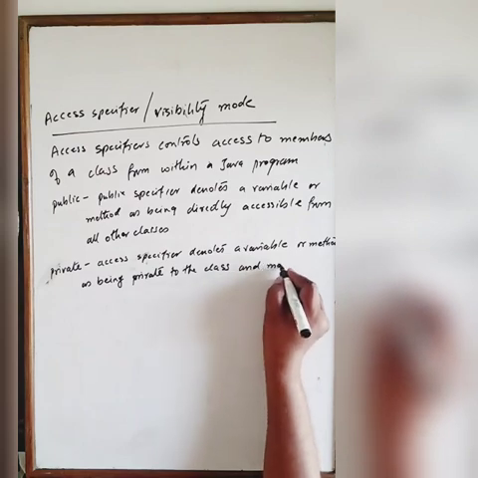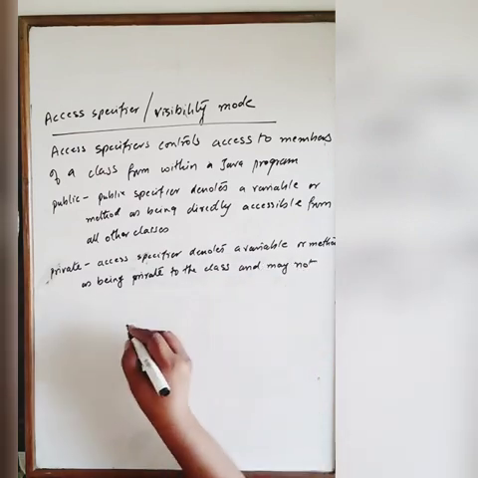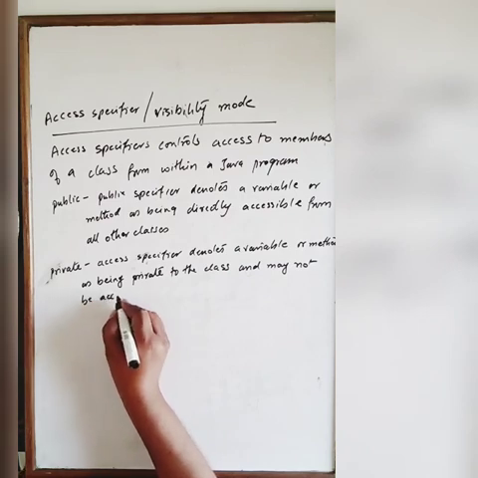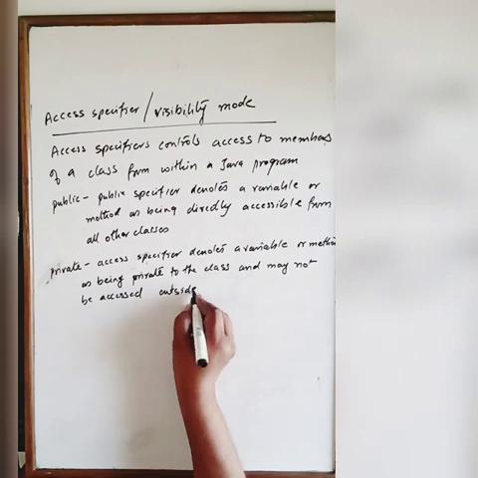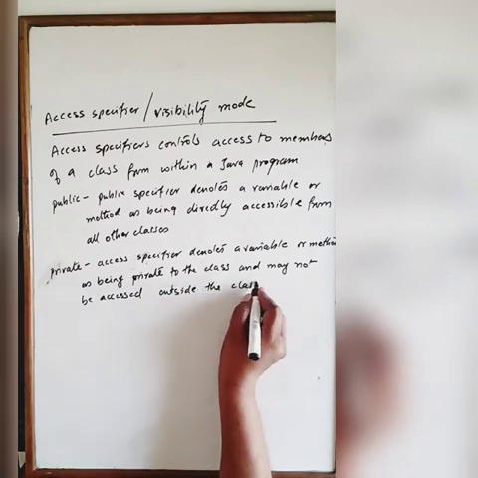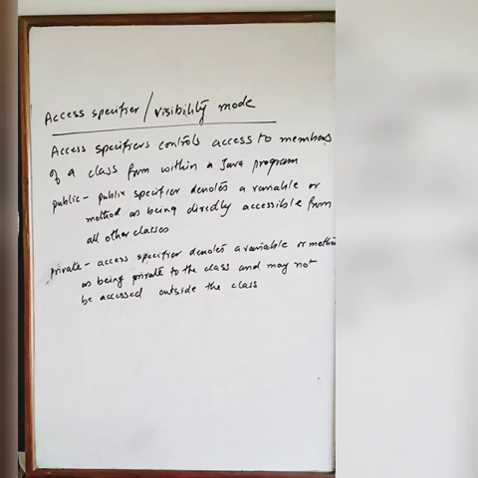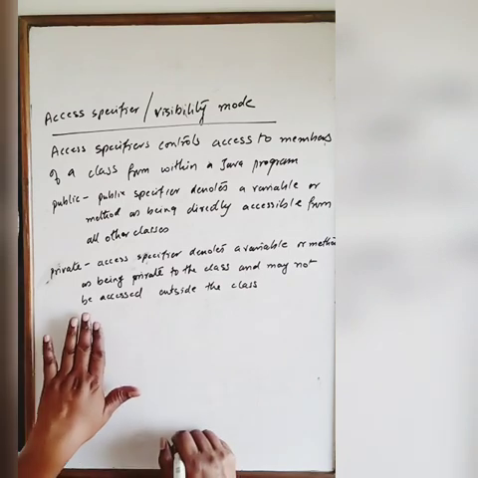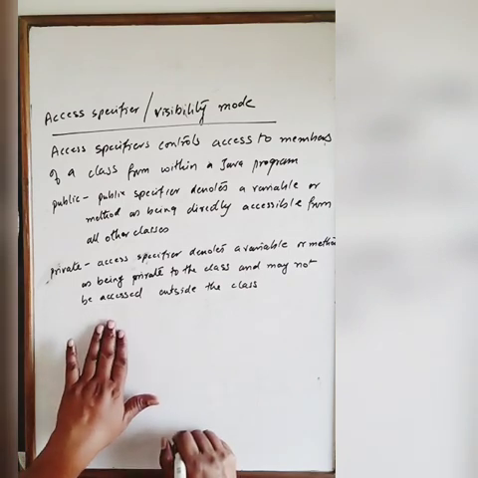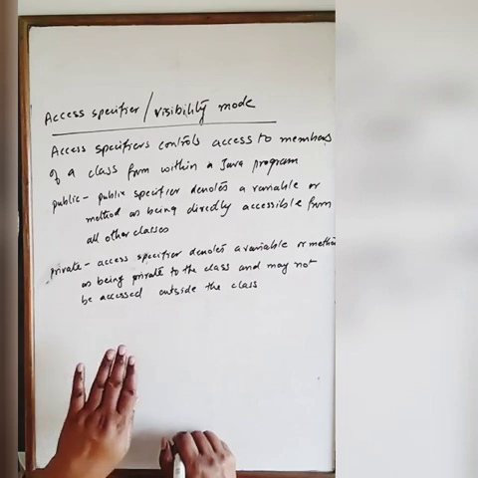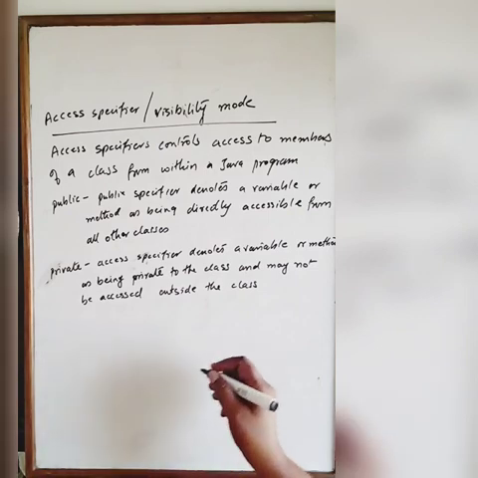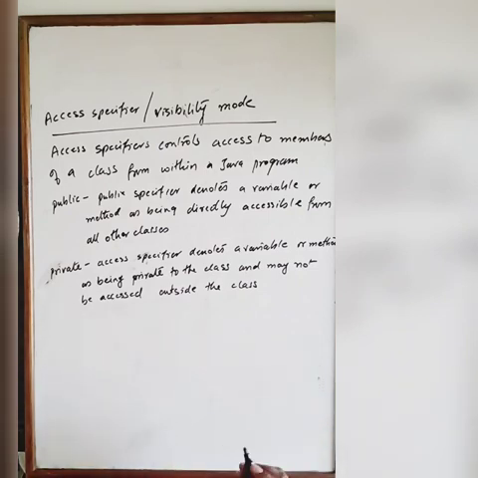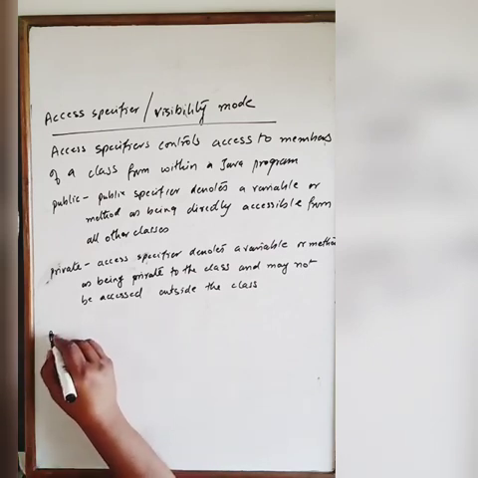Simply you can write: the variables or the methods are private to the class and they are not accessible outside the class.